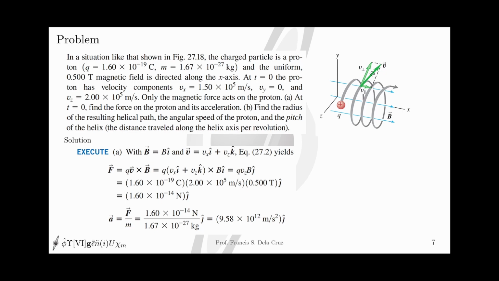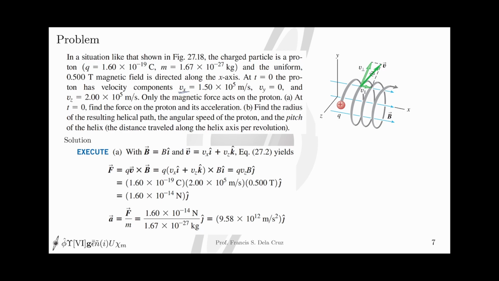But since you have a Vx, which is the velocity along the x-axis, it means that it is also moving parallel to the magnetic field. We are expecting that this proton will move in a spring shape, or helical, way.